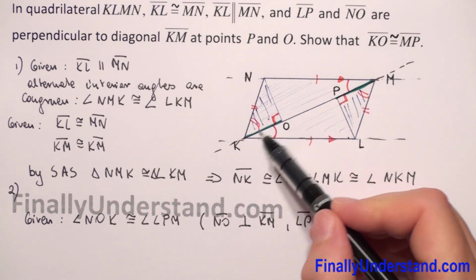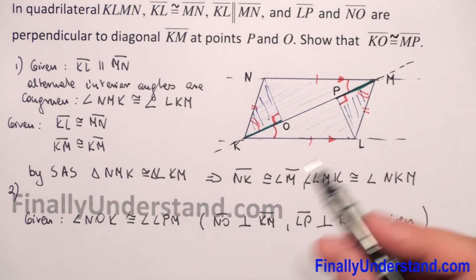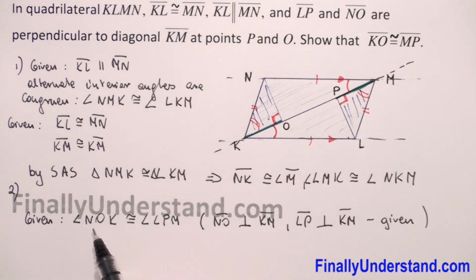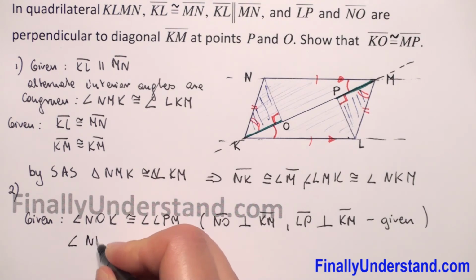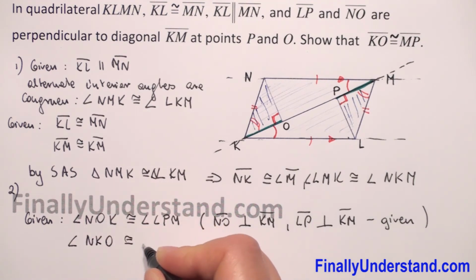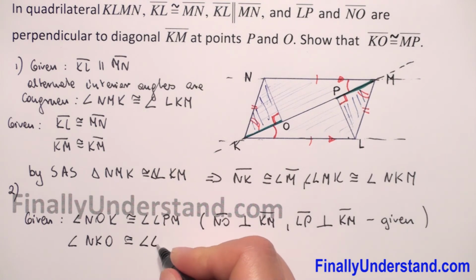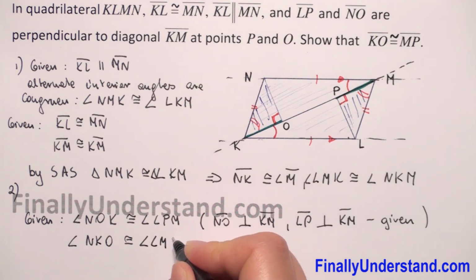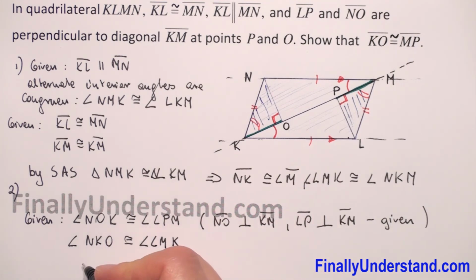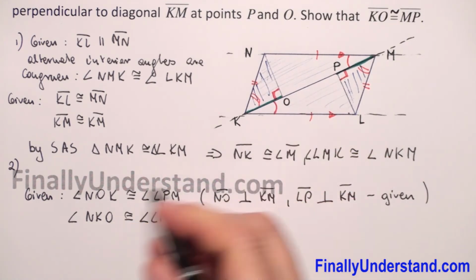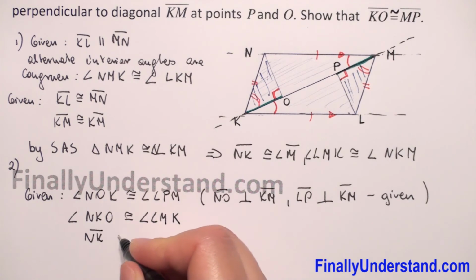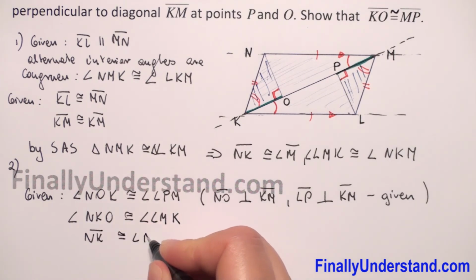So we have again two congruent triangles, because angle NOK is congruent to LPM and angle NKO is congruent to angle LMK, and also NK, we found that NK segment is congruent to LM segment.